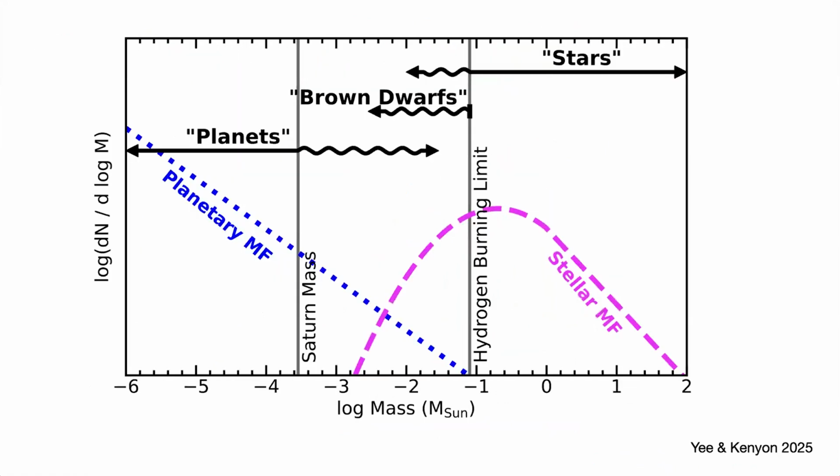And what I'd like to do is look at the IMF, the mass function that we were looking at yesterday. And I'm looking at this in a version that was recently published by Yi and Kenyon. And just so everybody's on the same page, the mass function is being modeled as a stellar mass function and a planetary mass function. And of course, the brown dwarfs are in the middle here.